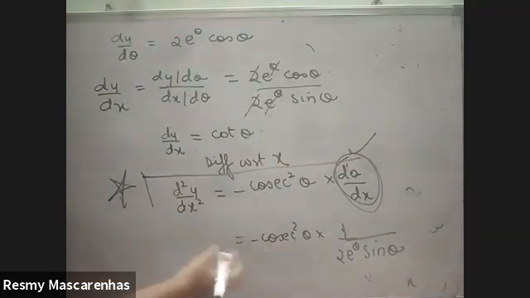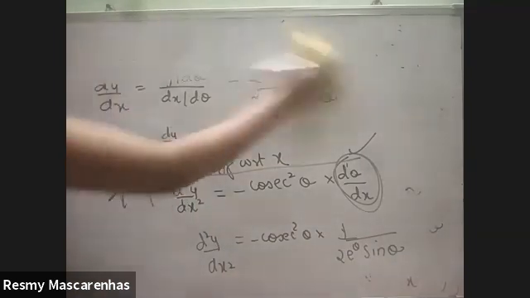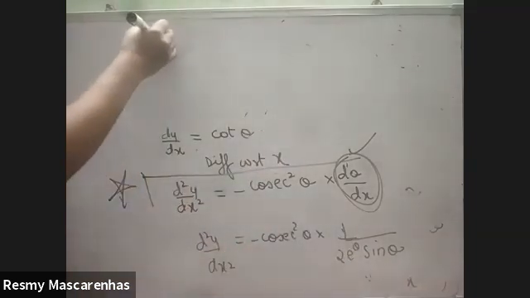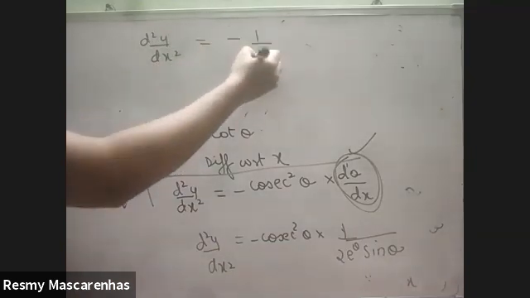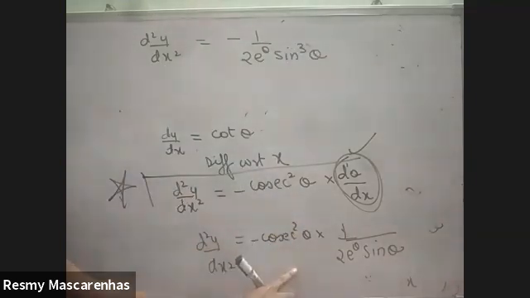Now this is your answer. You can take sine up, or however you want to keep it, or cosec you can bring it down. That will become sine² into this.